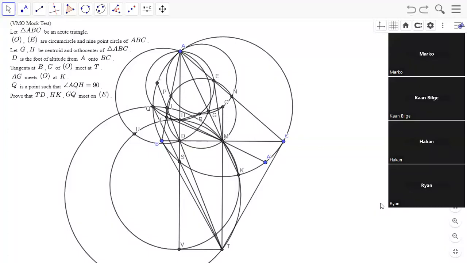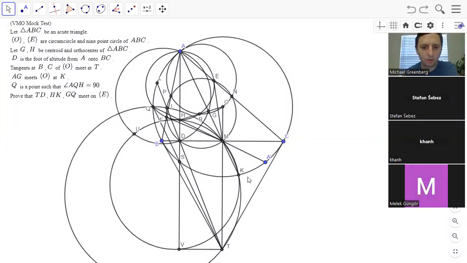How did we define point V? We defined it as where AB intersects the circumcircle of HMK. We think that TV is parallel to BC, but we haven't proven it yet.